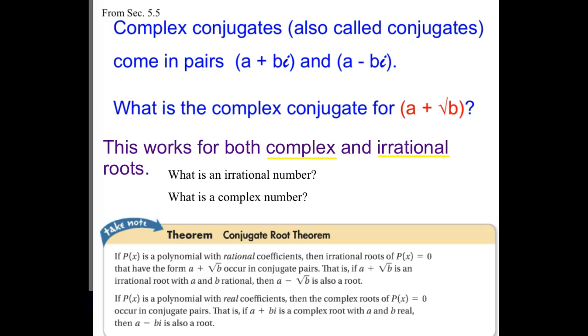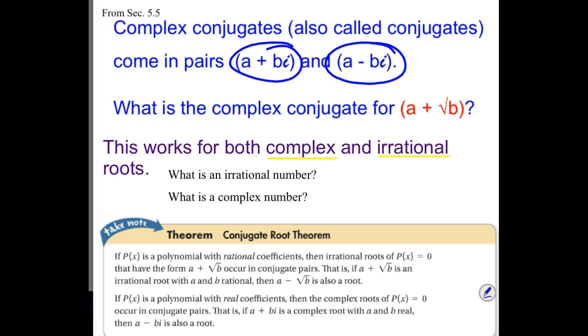Whenever we have an irrational zero, we have to make sure that it occurs as a pair. Okay? The same happens with imaginary or complex zeros. We've talked about conjugates in the past. If a plus bi is one of my zeros, then a minus bi has to be one of my zeros.